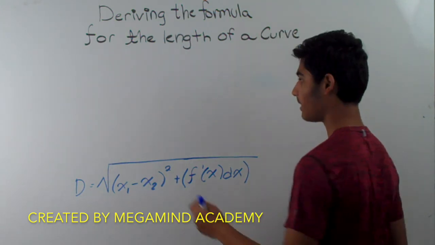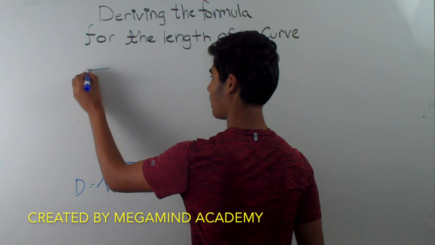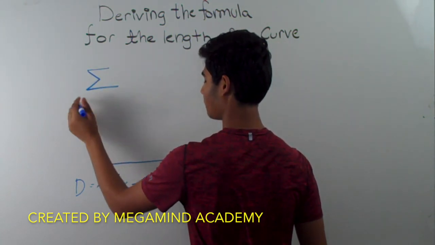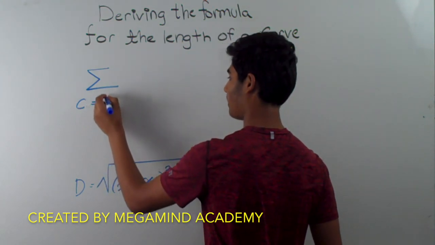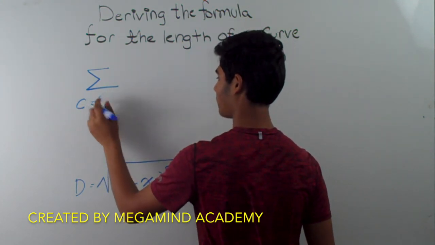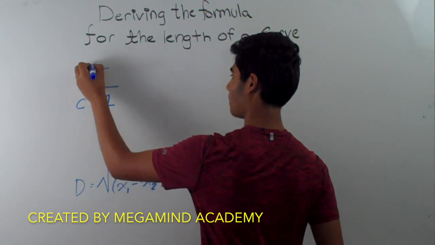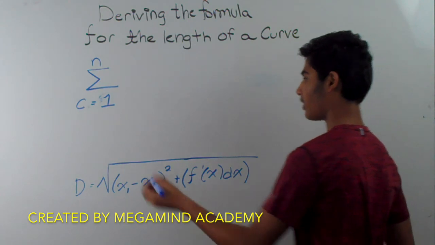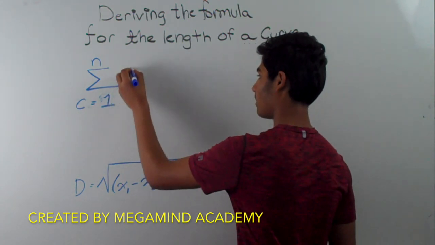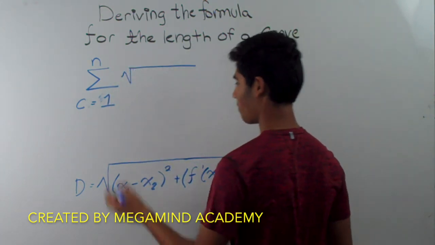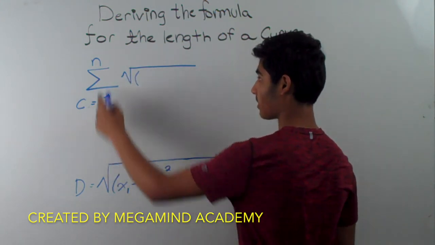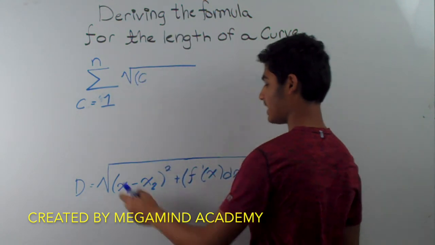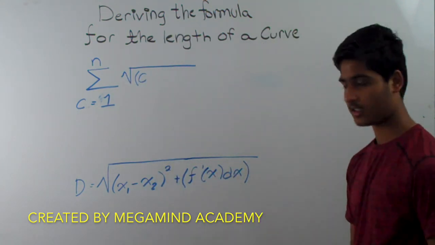So we have the sum from some point, let's say c equals 1, to some value n, and we have a function, the square root of, now instead of x we're going to use c, so c1 minus c2 squared, which is just delta c.